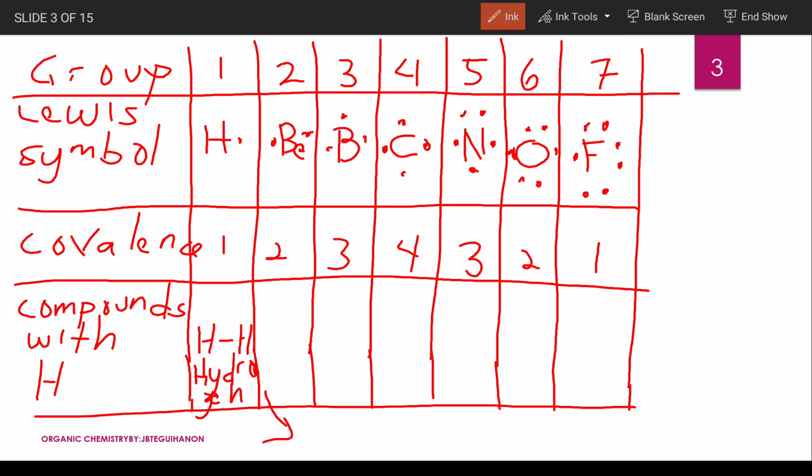So you have H, then you will have Be, and then H here. These are compounds with H. This is for beryllium.